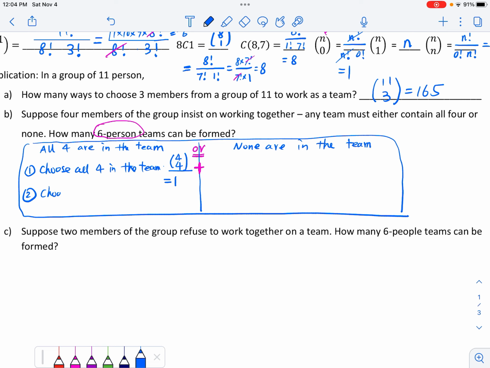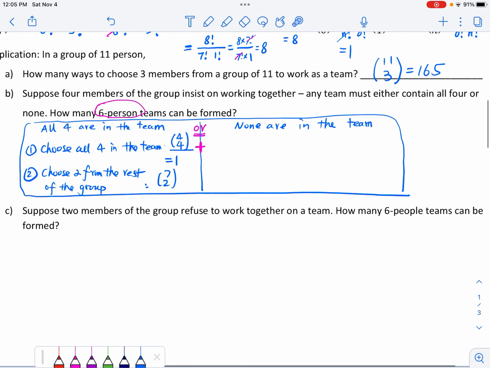So we're going to say choose 2 persons from the rest of the group, which means 7 choose 2, right? So 7 choose 2, which I'll leave you the algebra. So basically I'll just keep 7 choose 2.